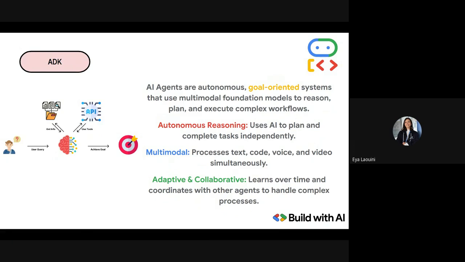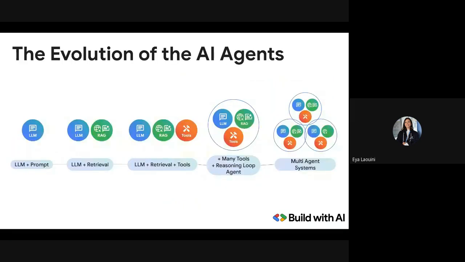Also, if we are talking about multi-agent systems, we will talk about adaptive and collaborative, because agents will learn over time and coordinate with each other to handle complex processes. So we will talk about multi-agents, of course, and I will give you an example. But let's first see the evolution of AI agents.